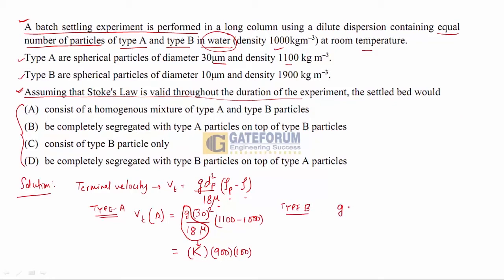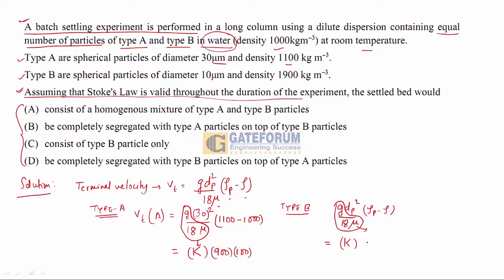The formula will remain the same, g d square by 18 mu into rho p minus rho. Again g by 18 mu is the same. Mu is not changing because mu is the viscosity of the fluid, and in both the experiments we are using water as the fluid, so this will be K only as I have taken here. And in the second case, what is our diameter of the particle?